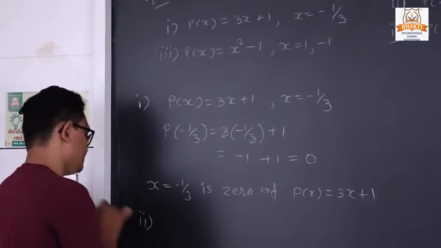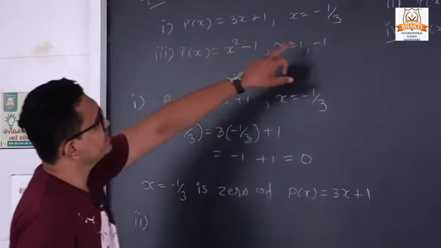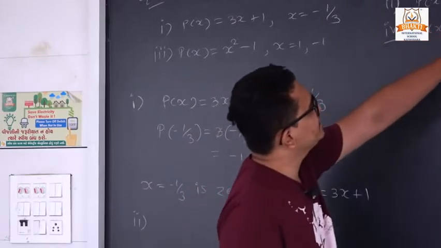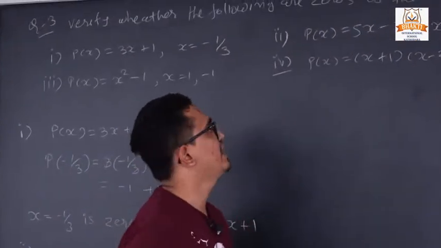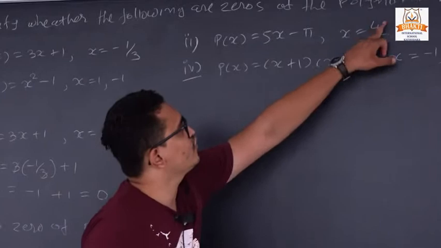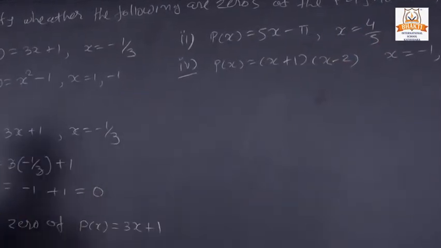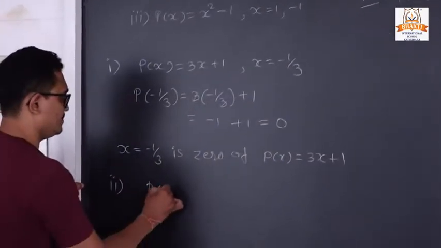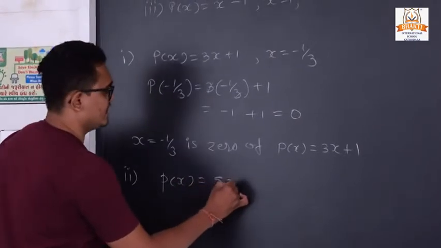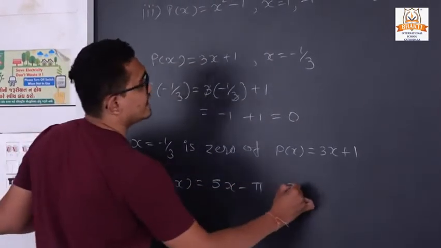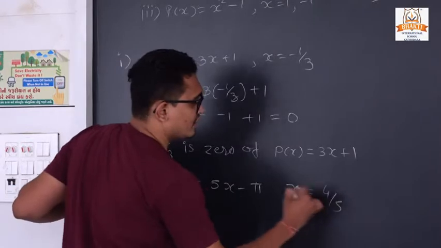Now the second question: p of x is equal to 5x minus pi and x is equal to 4 by 5. First of all, p of x is equal to 5x minus pi, and x is replaced with 4 by 5.